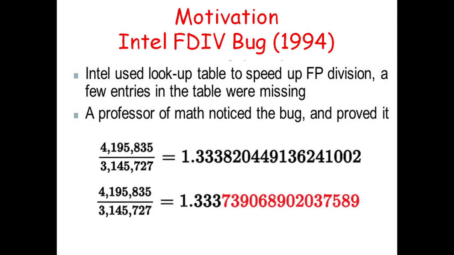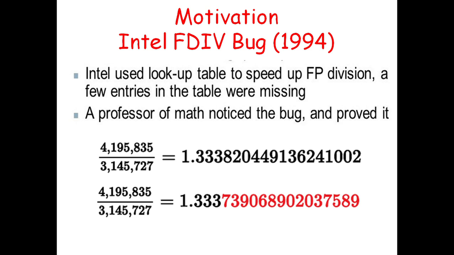Another popular example was the Intel FDIV bug, the bug in the floating point division of the Intel machines. Intel used lookup tables to speed up floating point division calculation. However, a few entries in the table were missing.